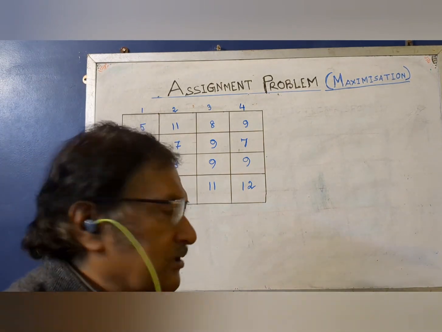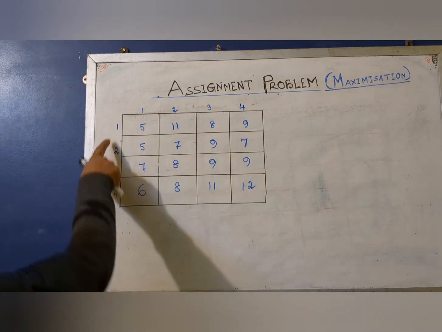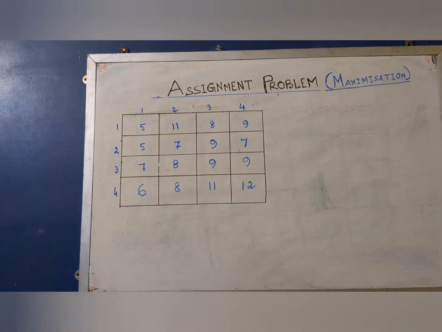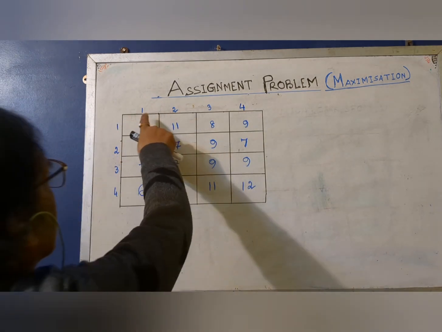which is the maximization problem. Say these are the salespersons: salesperson 1, salesperson 2, salesperson 3, and salesperson 4. And these are the marketplaces, 4 markets: 1, 2, 3, 4.